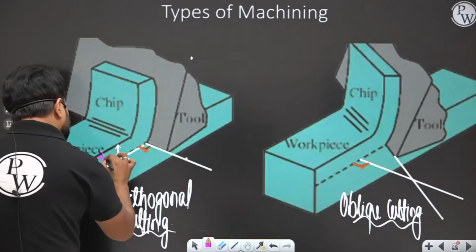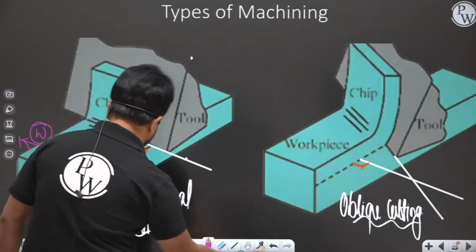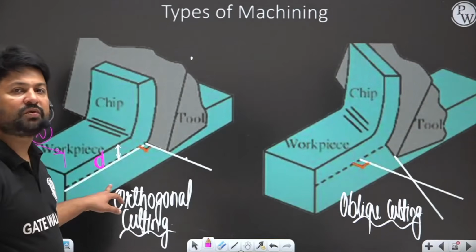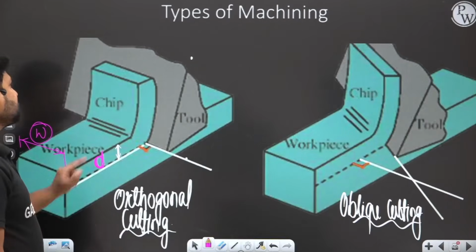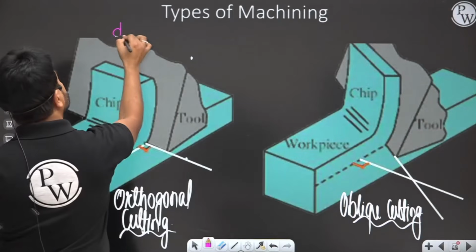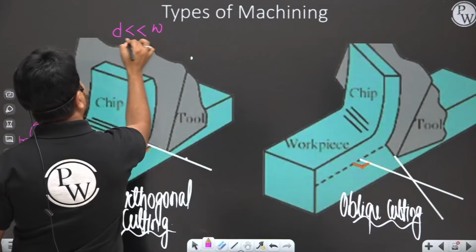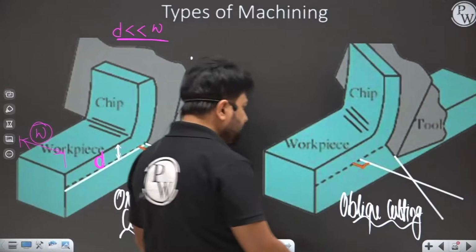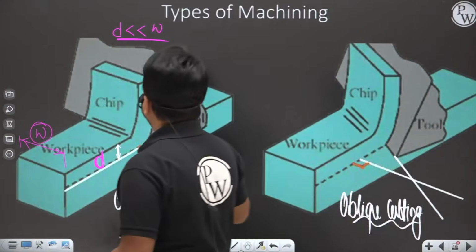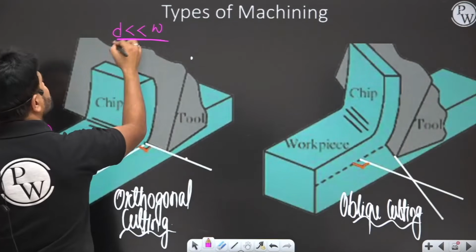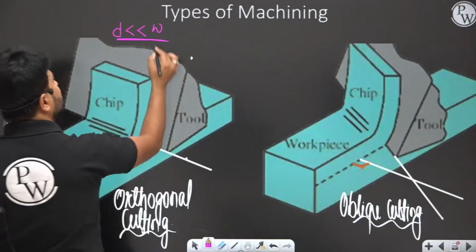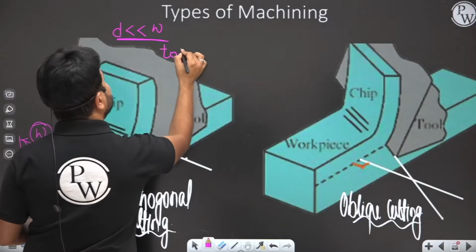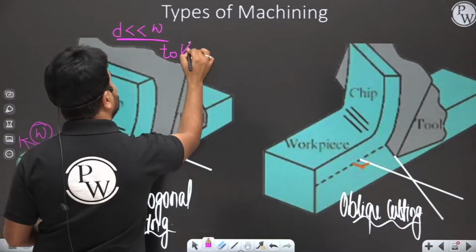This is D, that is the depth of cut. That depth of cut should be very small if you compare it with the width of the workpiece. If the depth of cut is less than the width of the workpiece, it means the t0, that is the uncut chip thickness, is small.